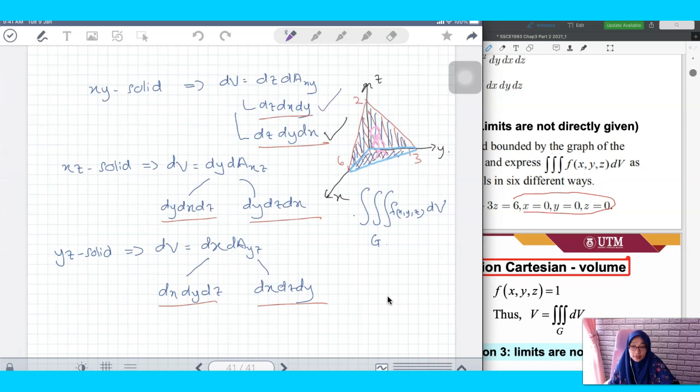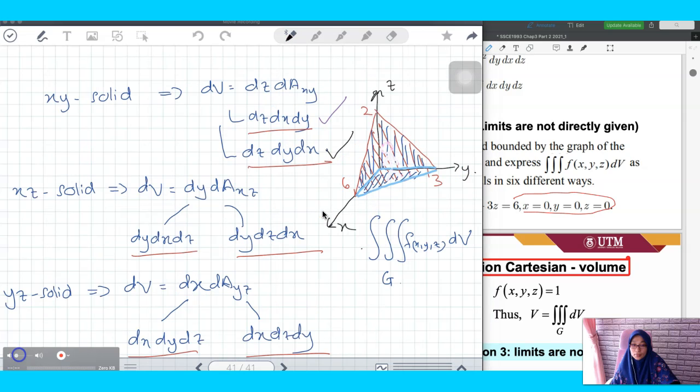Okay, so now we look at the x-z solid, which means that now your small person is no longer in this direction. Okay, I have to erase this first. So the second type of solid, the x-z solid, means that the region is lying on the x-z plane. So where is the x-z plane? Z and X. So your region is this one, with the curve lying on the z-axis.